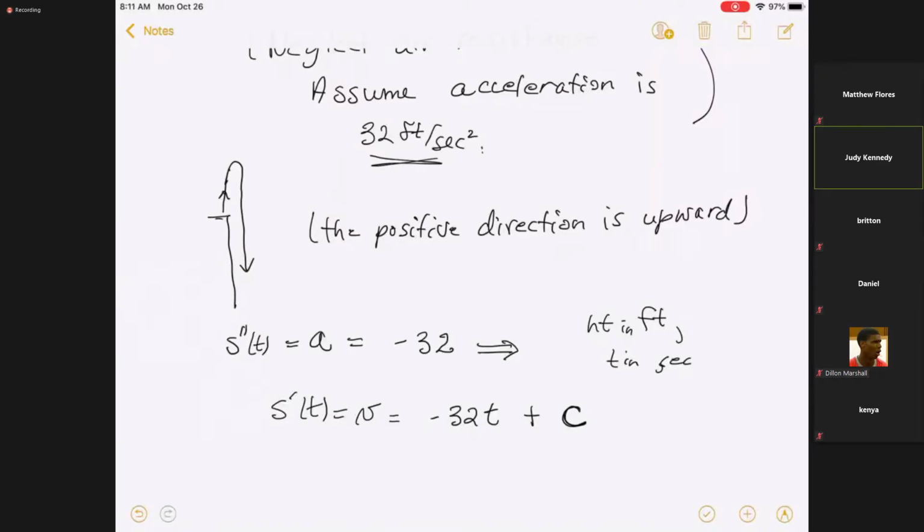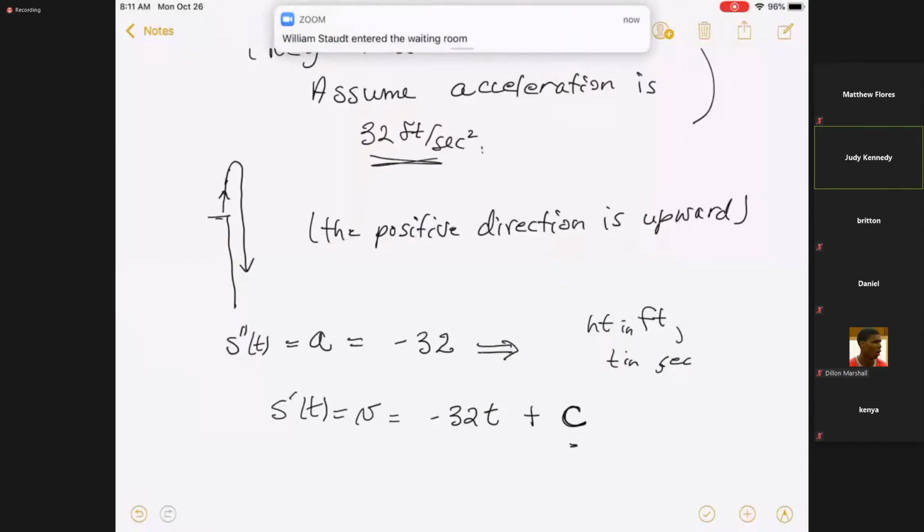That's why I'm putting on that C. If minus 32t is an antiderivative of minus 32, so is minus 32t plus c, where c is a constant. And I don't want to assume that c is equal to 0, which is what you're doing if you don't write it at all.